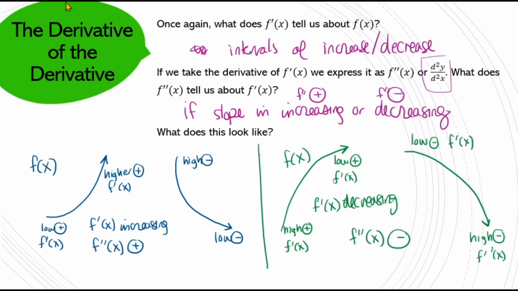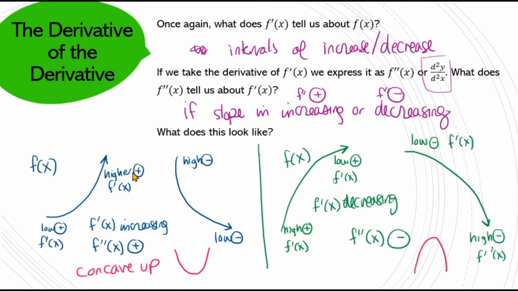What have I made here? Pictures of concavity. If your graph is concave up, the second derivative is positive.